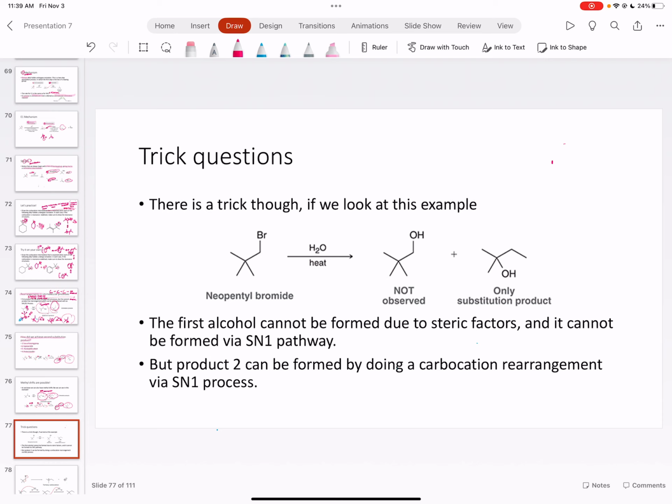So then, let's see. Okay, so then in here, if our group leaves, meaning if that bromine leaves, we'll get something like this.